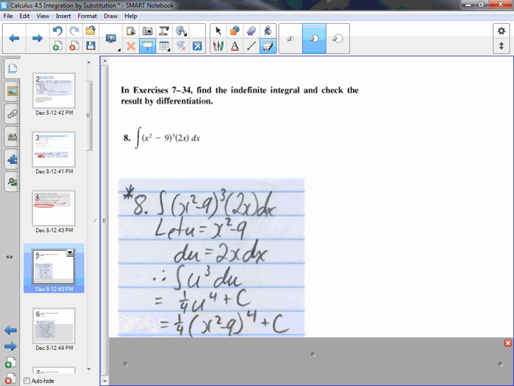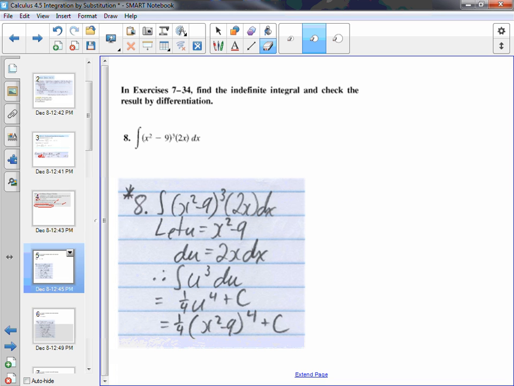So our final answer is 1/4 times the quantity x squared minus 9 to the 4th plus c. That seems like a much simpler problem than all of the theory going on before it, doesn't it?